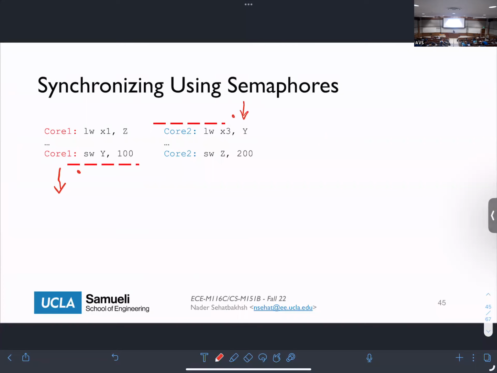So for example, let's say that this core is here and starts running these instructions. Since this instruction is on the top side of the barrier and this instruction is on the bottom side of this barrier, I cannot execute this before I reach this point.